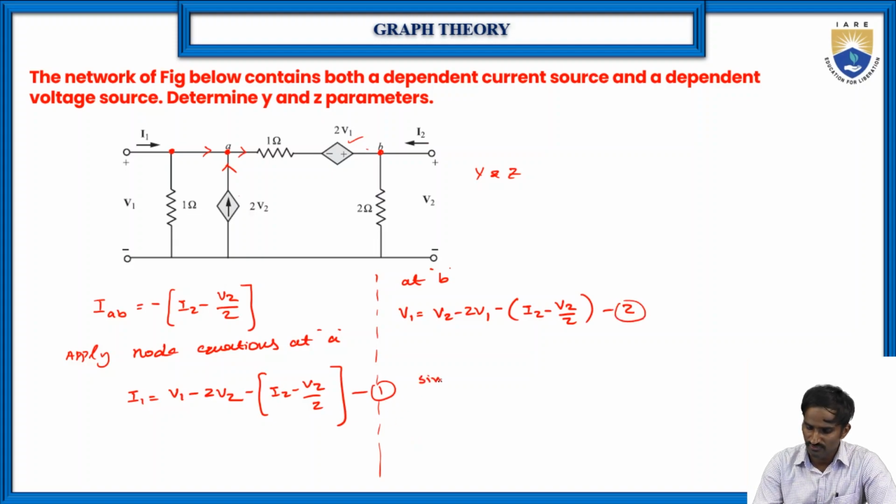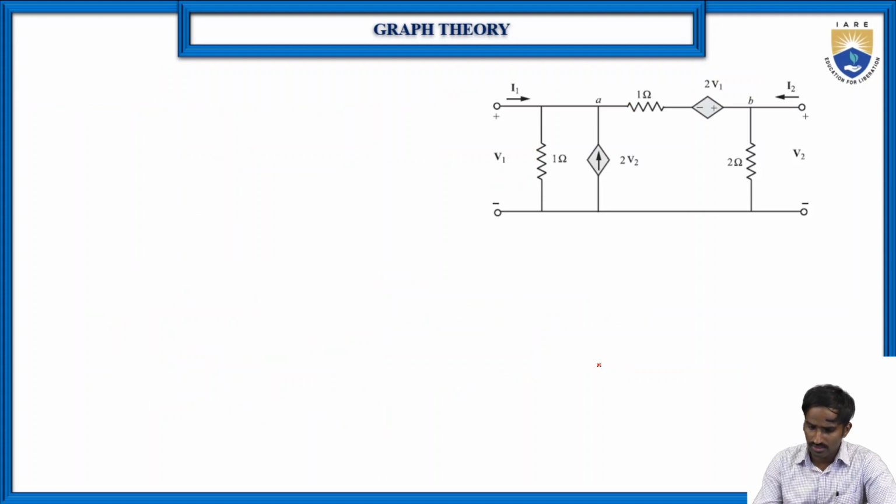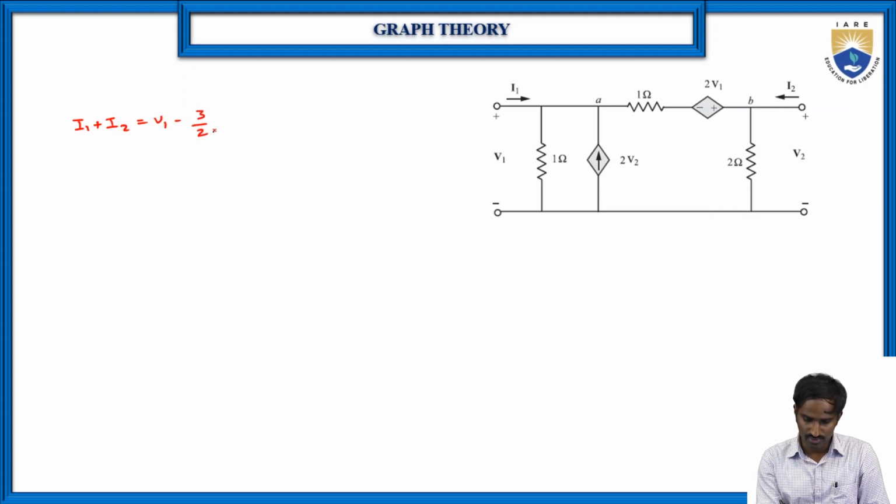Then simplify equations 1 and 2. You will get equation 1 as I1 plus I2 is equal to V1 minus 3 by 2 into V2.